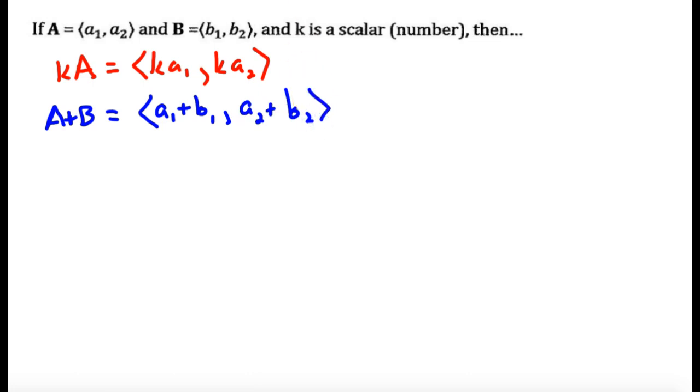And then same thing if I want to subtract. If I want to do a minus b, all I'm going to do is subtract the x components and subtract the y components to get my new components here. All right.